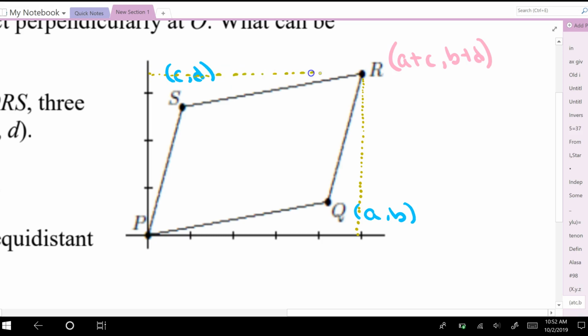I dropped a vertical line and a horizontal line, okay? With this vertical and this horizontal line, I think you now see that if I then use the coordinate axes, I have a rectangle.